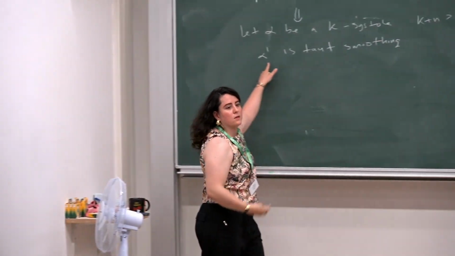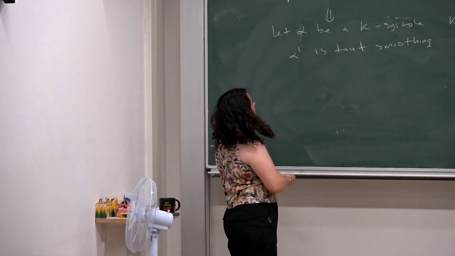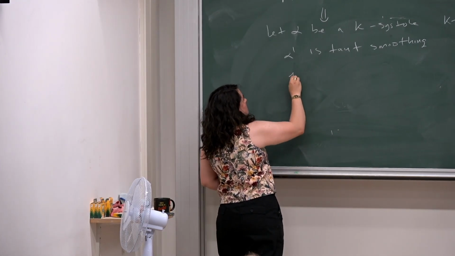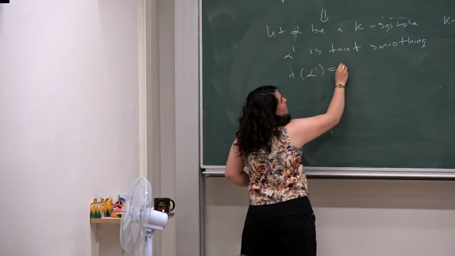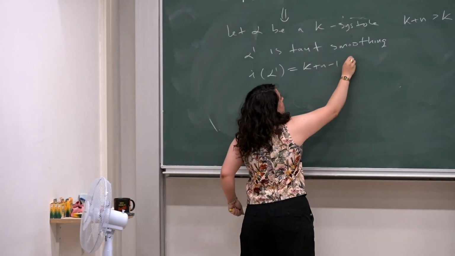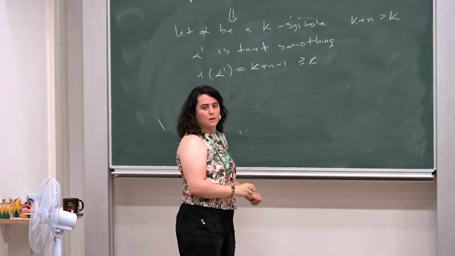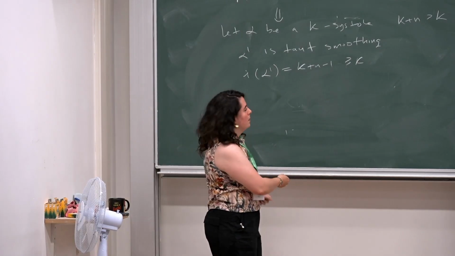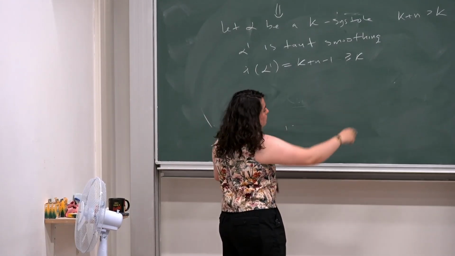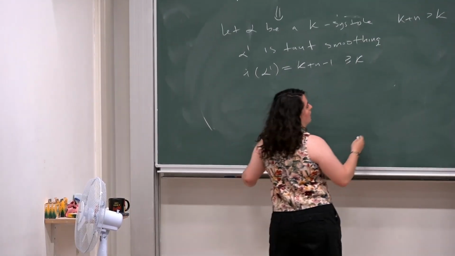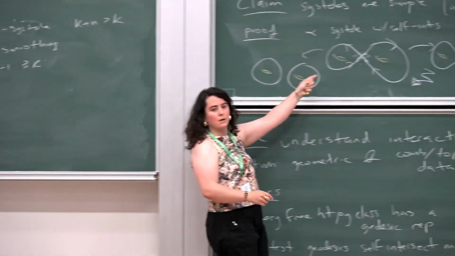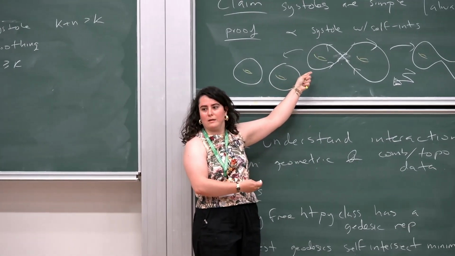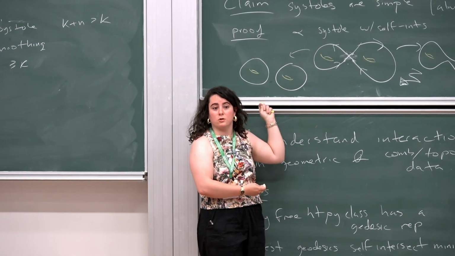That means that this curve has exactly one intersection less. So the intersection number of this curve is k plus n minus 1, which is greater or equal than k. So it still has a chance of being a k-system because it has at least k intersections. And now, because of the same reason that we explained here, when I remove the intersection, I am making the geodesic in that homotopy class shorter.